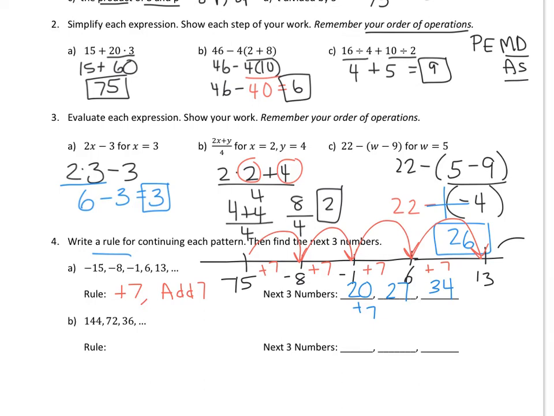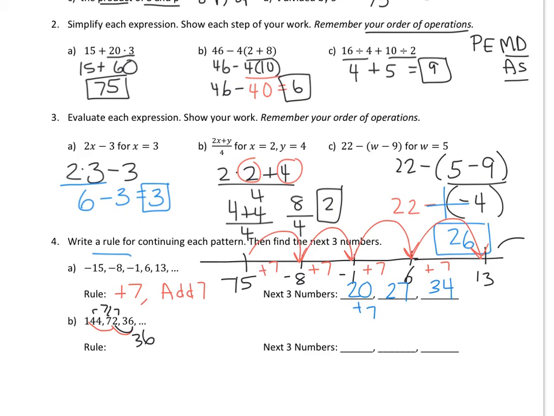And then number 4B. So here again it looks like the numbers are going down. So are we subtracting? Are we dividing? The difference between these two numbers is 72. The difference between these two numbers is 36. Remember, difference means subtract.